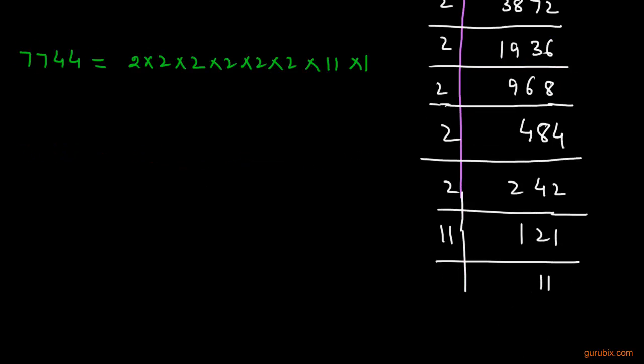And now we can find the square root of this number 7744 like this.